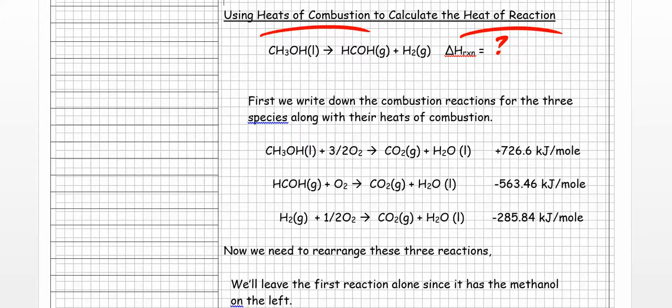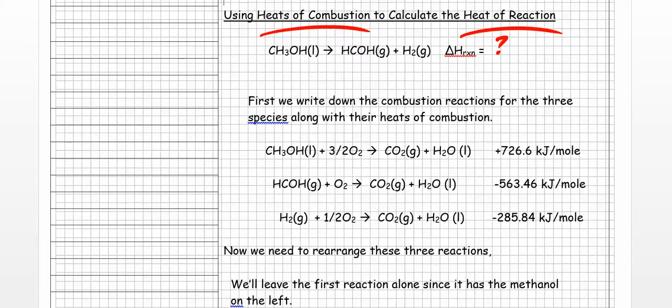Now, what is combustion? What do we mean by combustion? Well, we mean burning in the presence of oxygen, right? So if we have a hydrocarbon like CH3OH, we can burn it in the presence of oxygen, right? So what I can do is I can look up the heats of combustion for all three of the species that are involved, the CH3OH, the H2COH, and the H2, right? I can look up their heats of combustion.